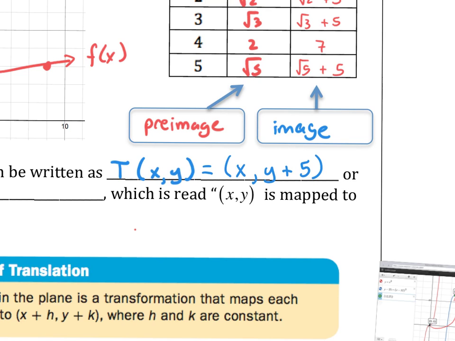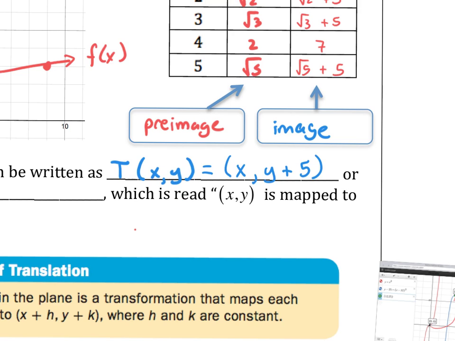So this sounds sort of funny, but this is the new function, based on the translation of the original points. x does not change, but y does change.